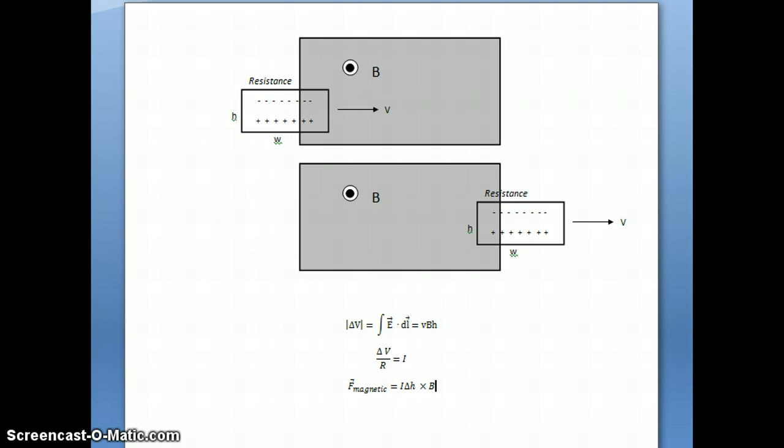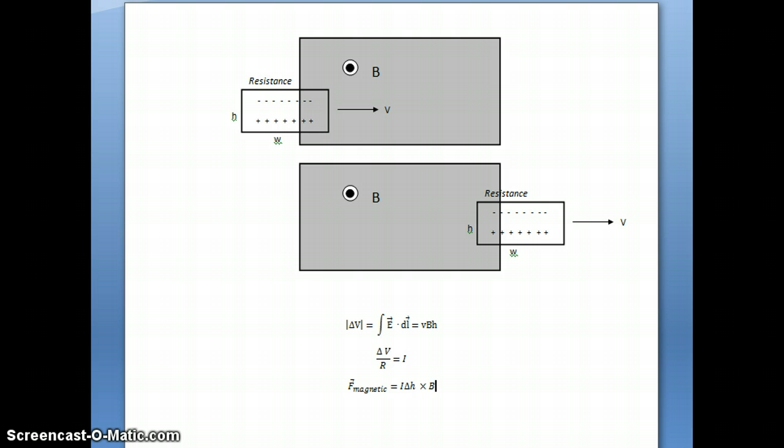Right after the loop of wire enters the magnetic field and right before it exits, we do experience a current and a magnetic force. The magnetic field is exerted partially on the loop of wire, and since it has a magnetic field and also a constant velocity, that lets us know we have a uniform electric field.